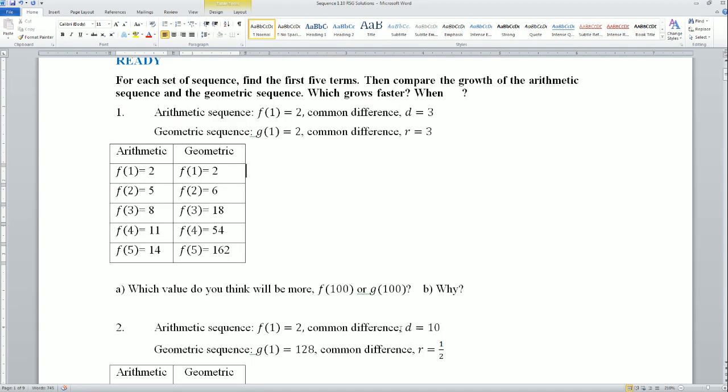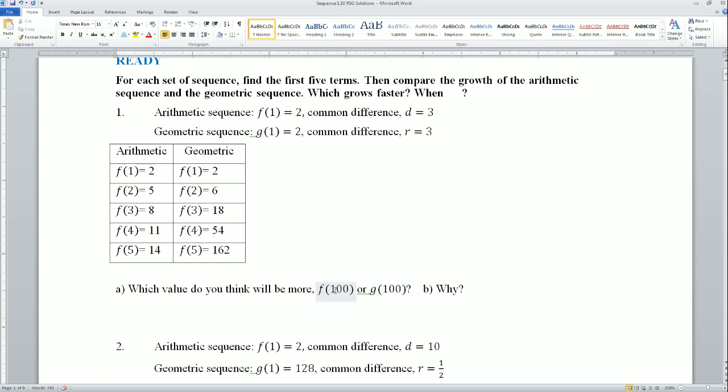Alright, so which value do you think will be more, G of 100 or F of 100? If you look at these boxes, you already see G of 5 being greater.